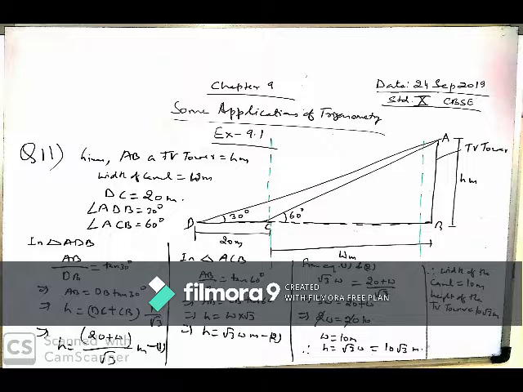Immediately we can say tan 30 degrees is 1 by root 3, tan 60 is root 3, tan 45 degrees is 1. In this way we are able to remember many things here.